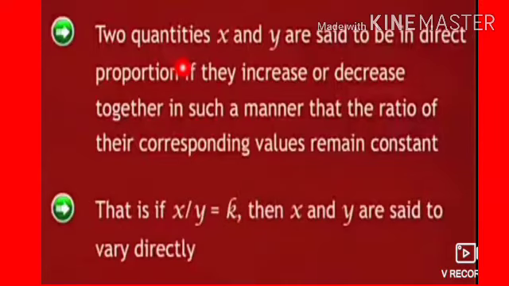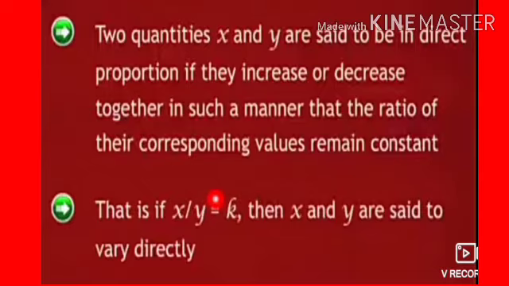Two quantities x and y are said to be in direct proportion if they increase or decrease together in such a manner that the ratio of their corresponding values remains constant.